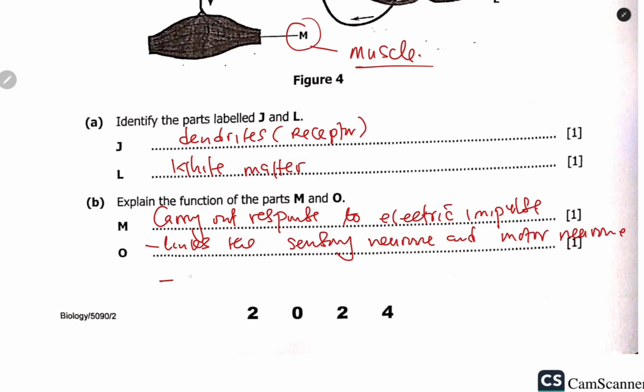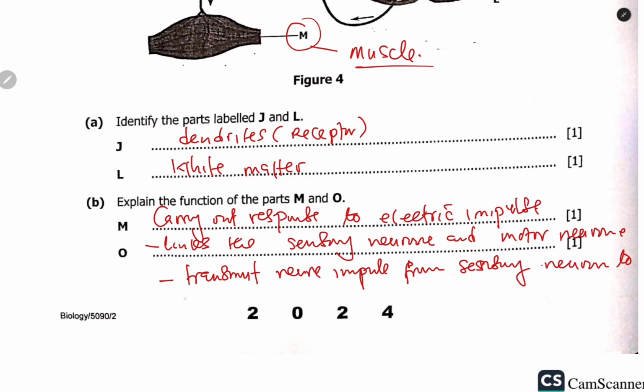The other one we can say, transmit nerve impulse from the central nervous system to the motor neuron, or we can say from the sensory neuron to the motor neuron. Okay.